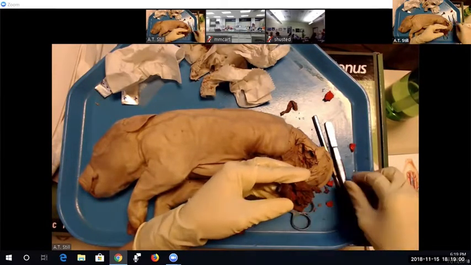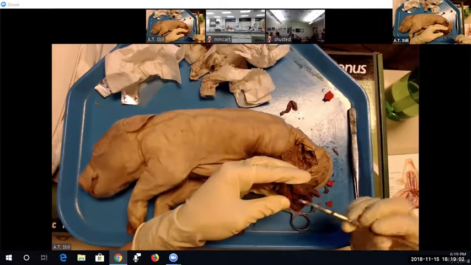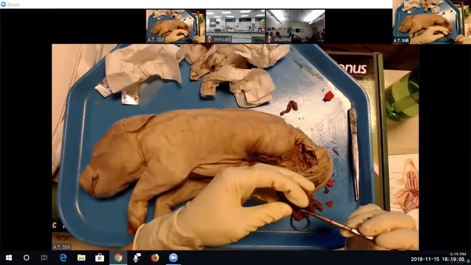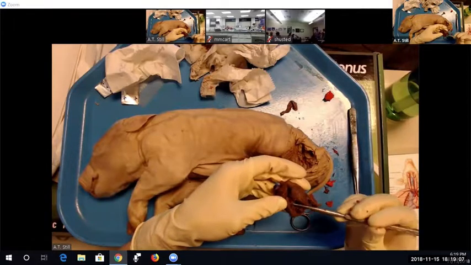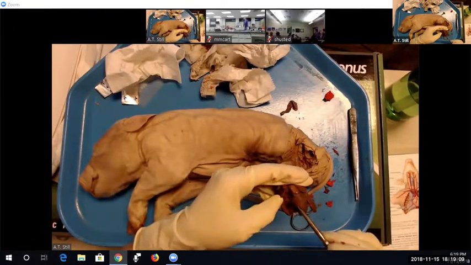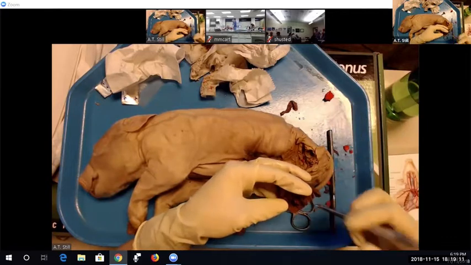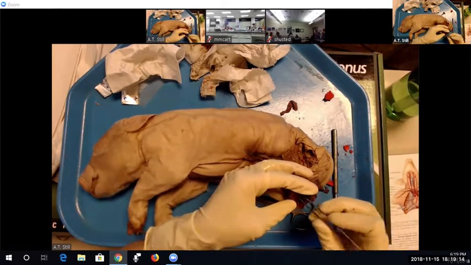So you guys can kind of see a little piece of the valve right here. Let's see if I can get a better view of it.